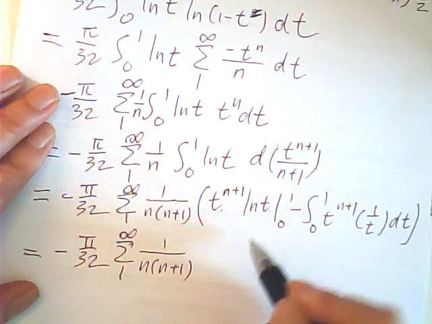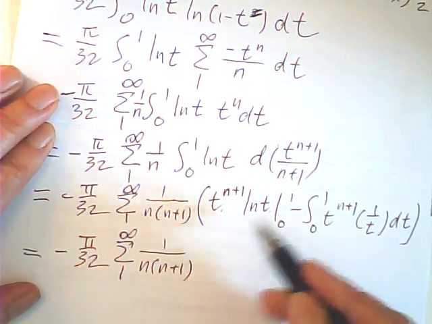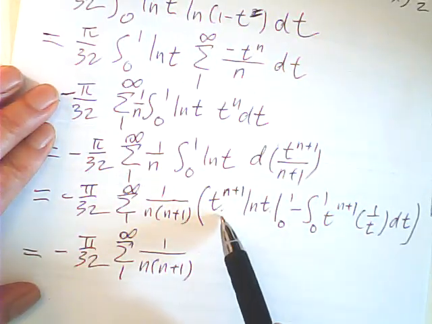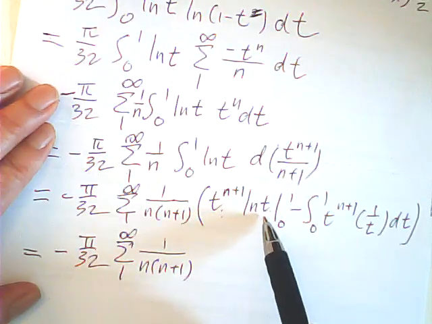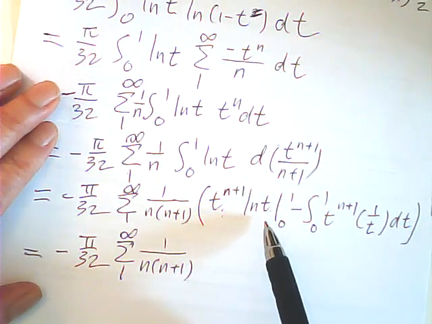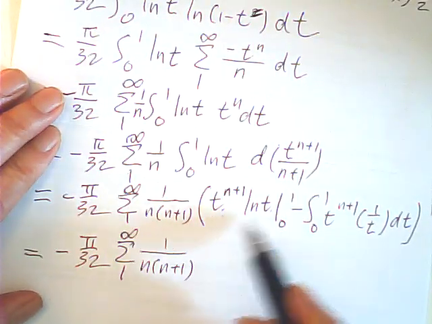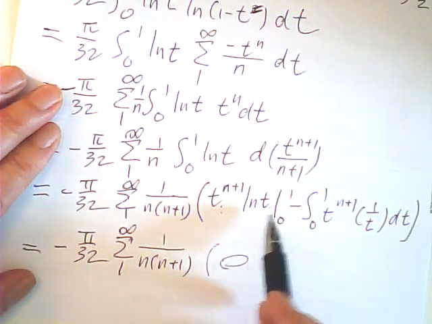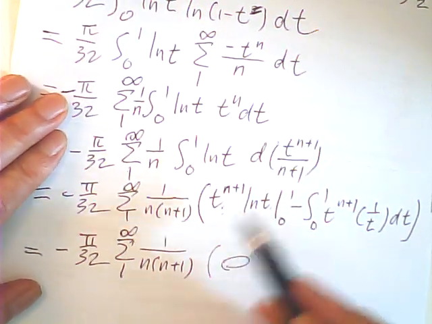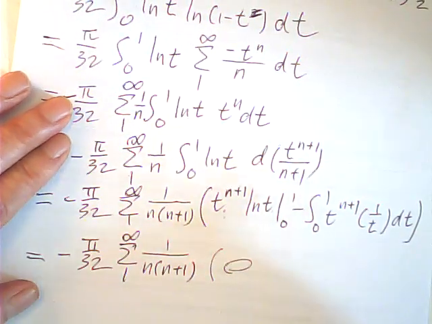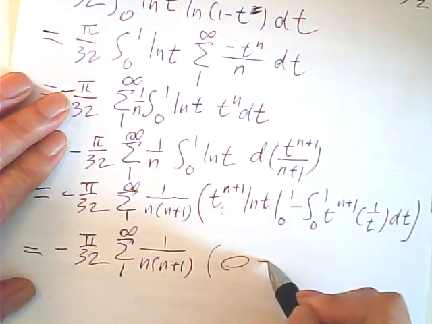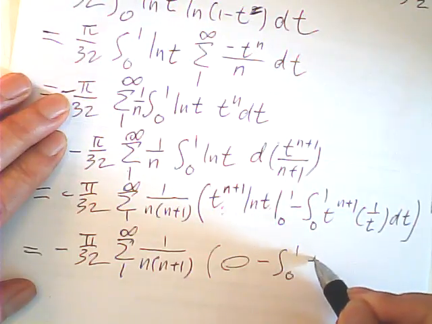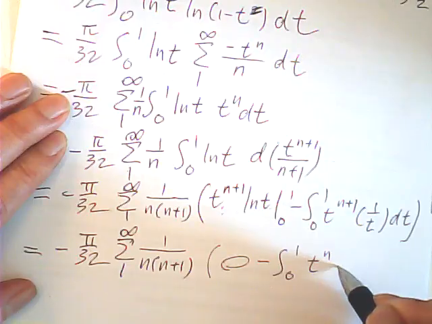By using L'Hopital's rule, you'll find it is equal to zero. Or simply understand that t to the n plus 1 goes to zero faster than log t goes to infinity. Therefore, this one is approaching zero. Now, I skip the L'Hopital's rule, right? You can do it by L'Hopital's rule, and this one is equal to minus integral of t to the n dt.